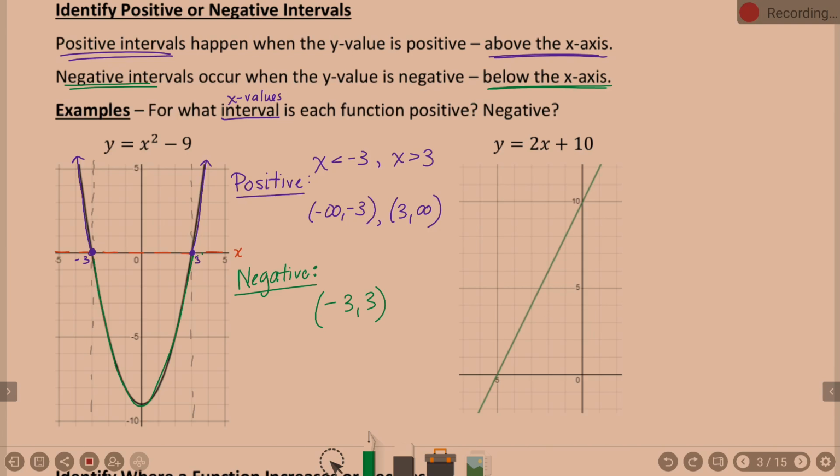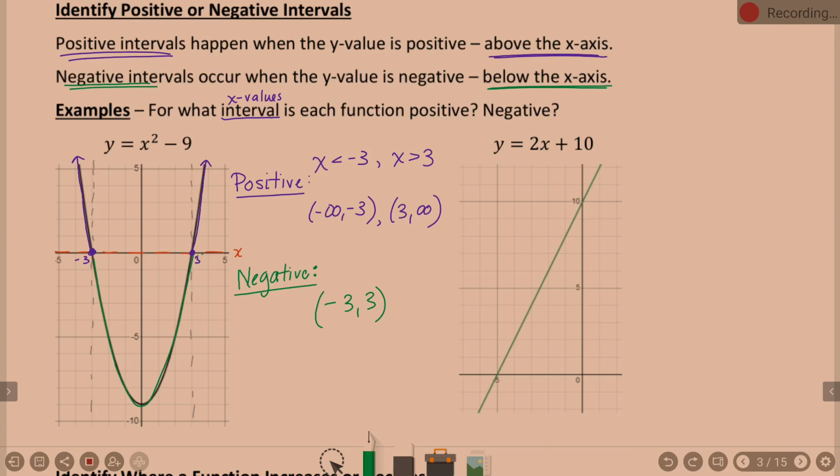Okay. How do I write this with inequalities? I think if we talked in this class, no, we didn't really. It's negative when? We just said between negative 3 and 3, yes? Yeah.